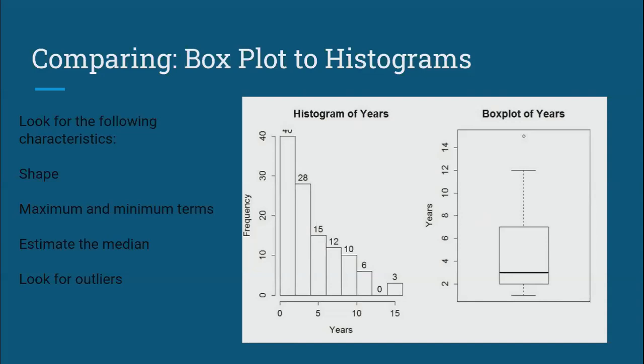So we need to look at the shape of the distribution. Remember, we talked about the 3 shapes: symmetrical, skewed left, or skewed right. We look for the maximum and minimum terms.